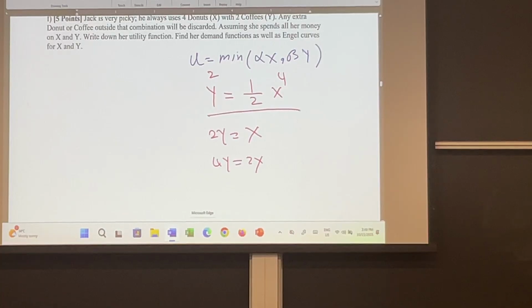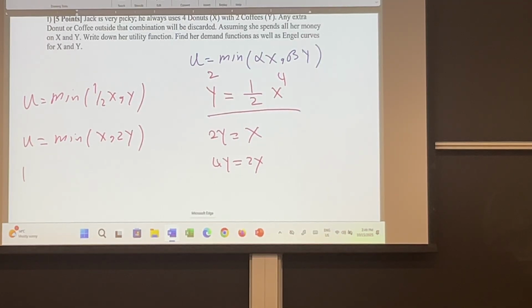The utility then looks like this. That is one way of writing it. Or you can use a second one to write it. They're all the same lines. So all these utilities technically are equivalent. You can write 1, 2, 3, they're all the same lines, right?